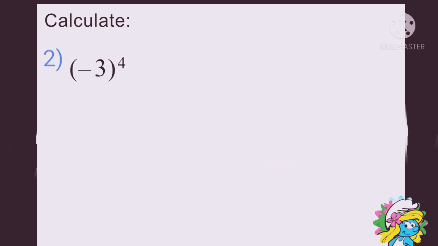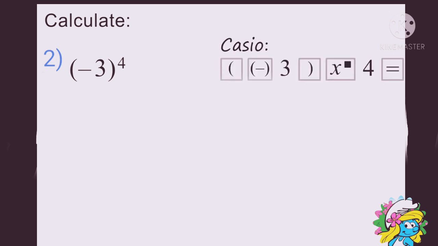In the next example, we are given a negative base. Please note on the calculator we also need to put it in brackets. This gives an answer of 81. Please note both of these powers have a negative base. In the first power, the negative base is raised to an even exponent.